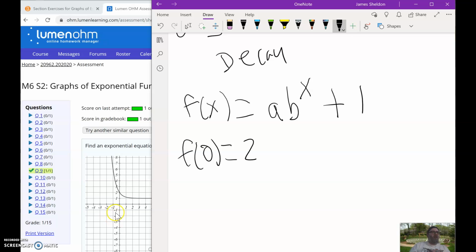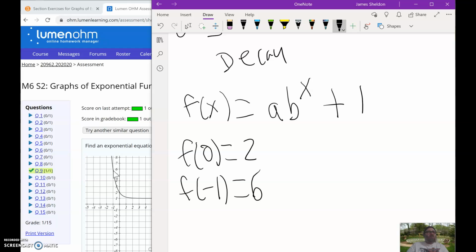And then if we go to x equals -1, we see f of -1 equals 6. And so we just need 2 points in order to find our exponential equation.